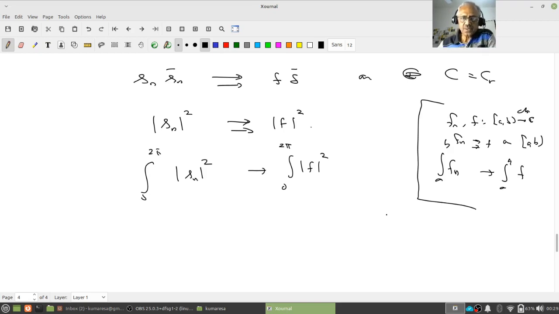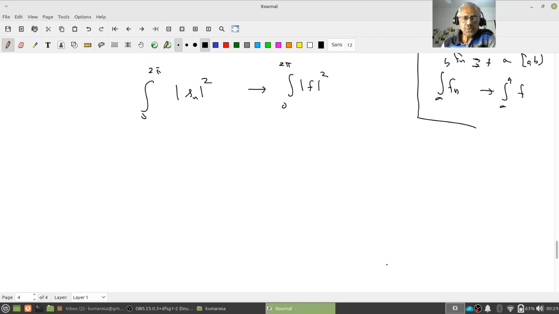Alright, so my question is, how do I compute |S_n| squared?